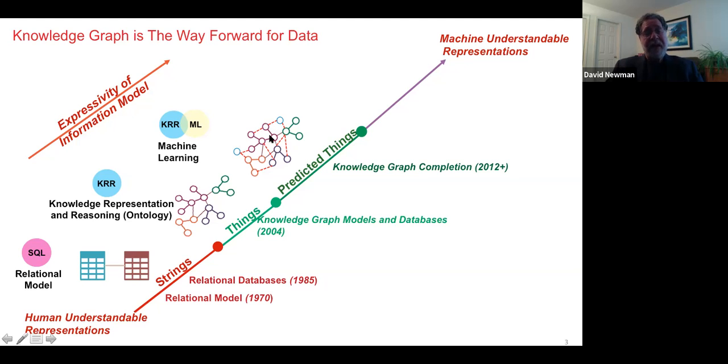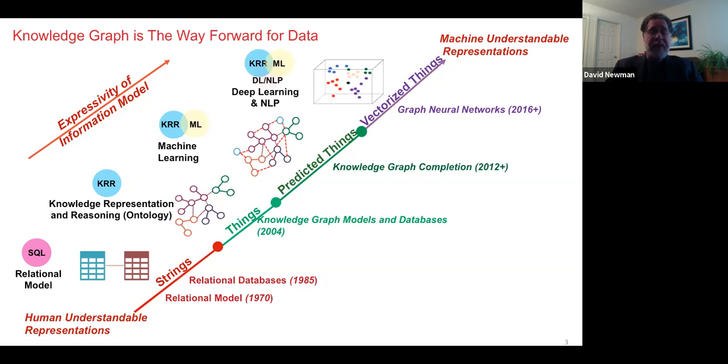to reflect new insights. And then we can further evolve forward around 2016 with the emergence of graph neural networks, which represent the intersection of knowledge representation and reasoning with machine learning, deep learning, and natural language processing to generate what we would call knowledge graph embeddings or vectorized things, which are ways of representing very concrete pieces of information alternatively in numeric representation or vector representation, so that it aligns much better with machine learning algorithms in order to apply new analytic techniques that can understand and express data that would otherwise be represented in a more conventional database in order to gain new insights and very precise ways of clustering information.